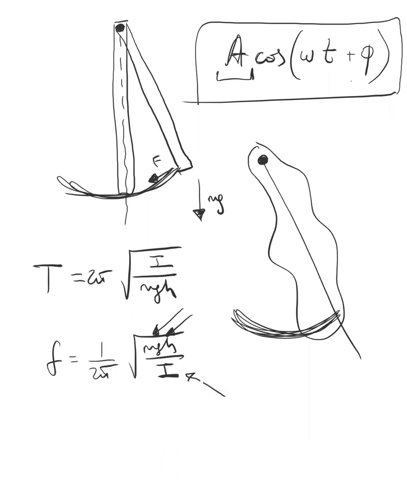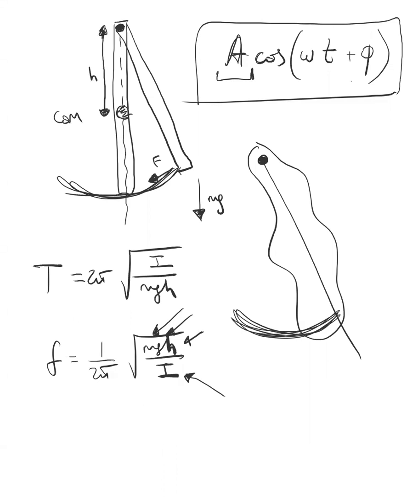This I is the moment of inertia. If you are difficult to rotate, then there will be low frequency. You will be moving slower. And this h term in here is how far away your center of mass is from the pivot point. So this is h.